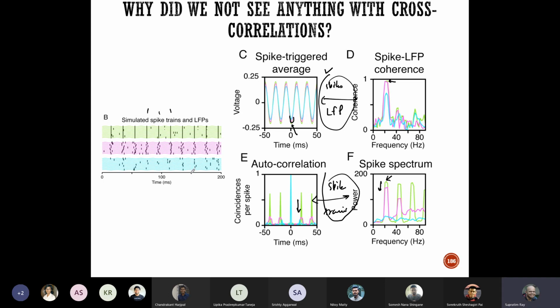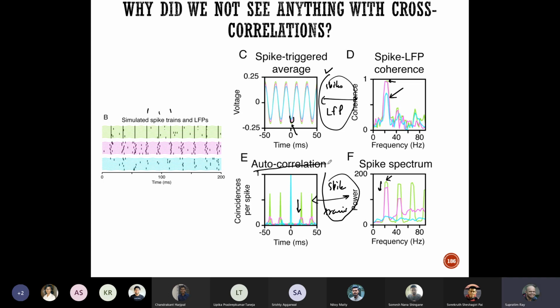Because whenever you get a spike, it's occurring at the trough of the LFP. It's a different matter that it's not occurring at each trough of the LFP, but whenever it occurs, it's at the trough. So the spike triggered LFP average catches that. So the spike field coherence still catches that. Still there.